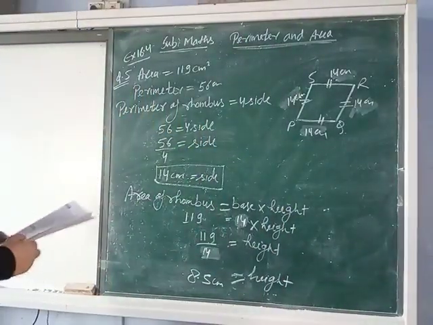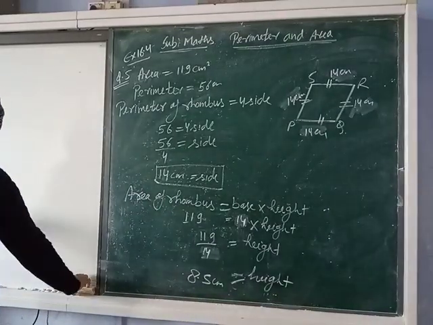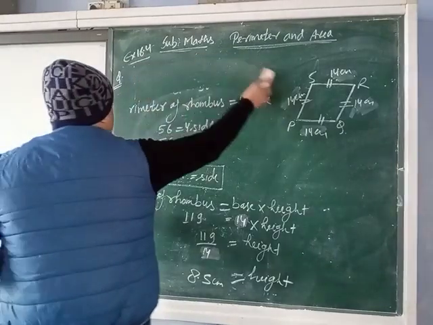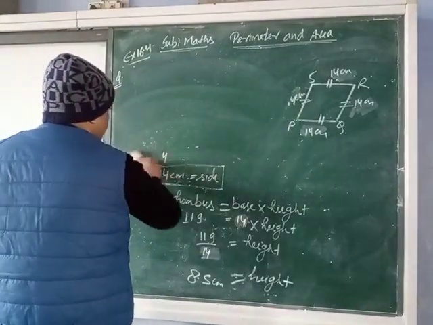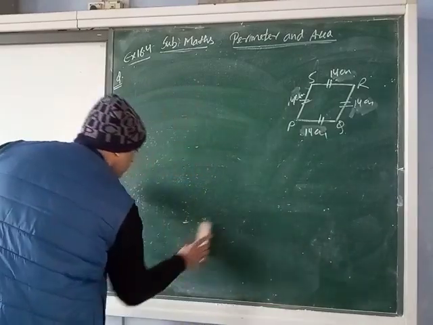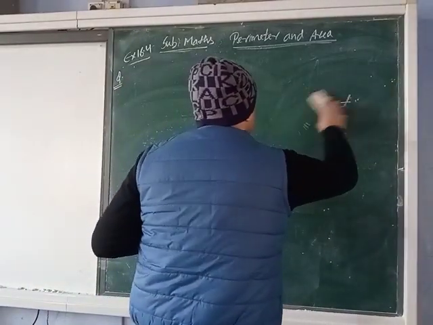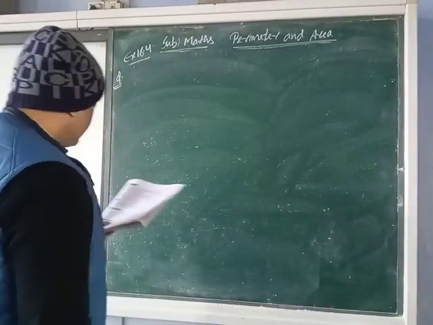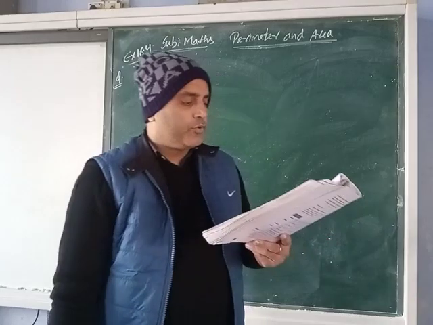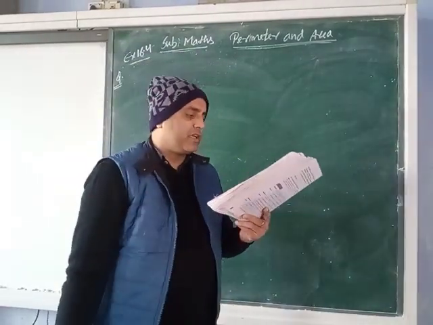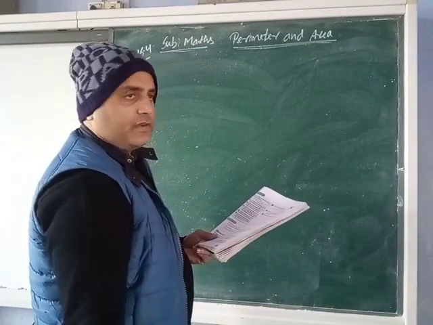Now after this, see question number 6. Question number 6 is: find the altitude corresponding to the side of 14 centimeter in a parallelogram whose area is 217 square centimeter.